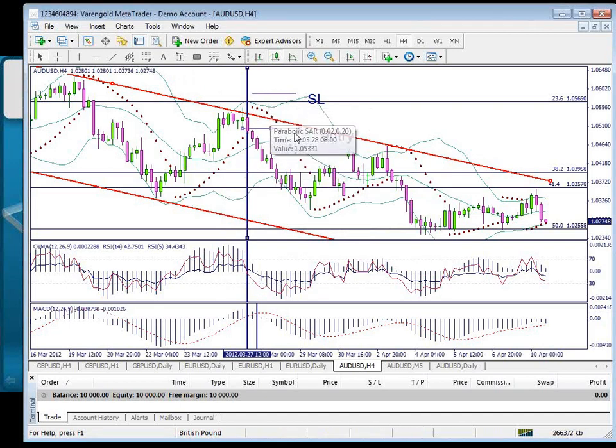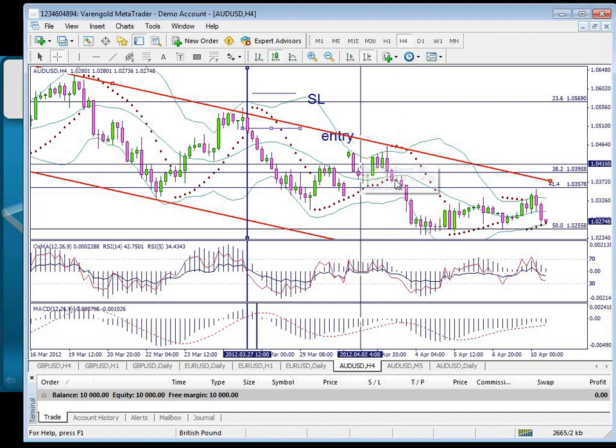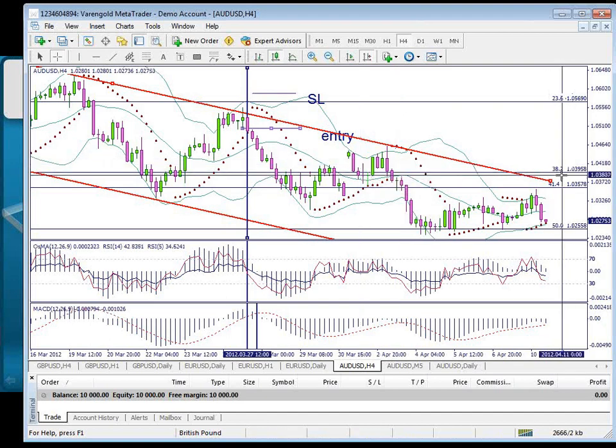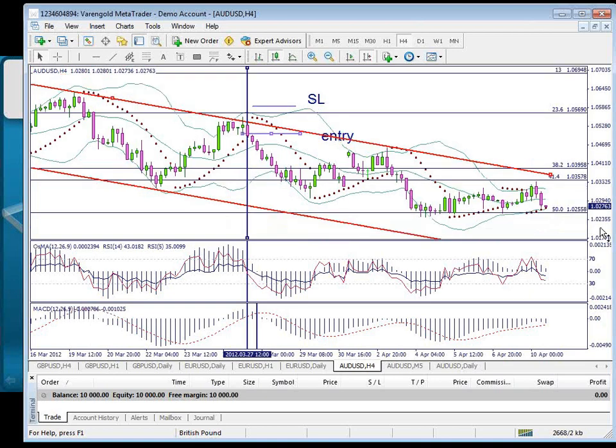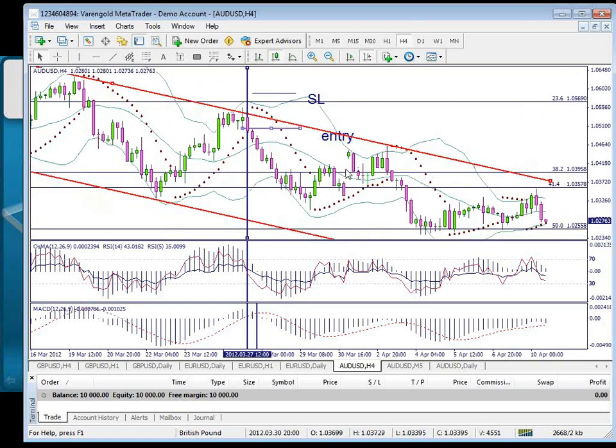Okay, in this moment I will try to establish on one target. The first target will be 38.2, the next one 41.4, 50 and 60. If we are going down, 61.8, or one other Fibonacci level.